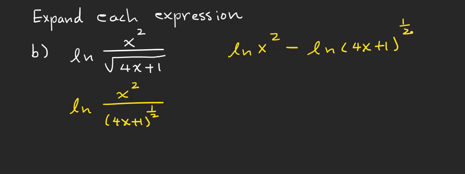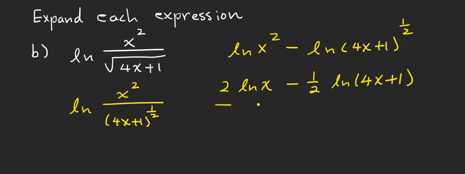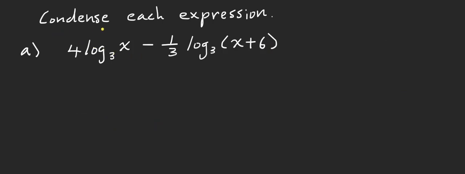Now applying the power property, you get 2 natural log of x minus 1/2 natural log of 4x plus 1. And we're done expanding.